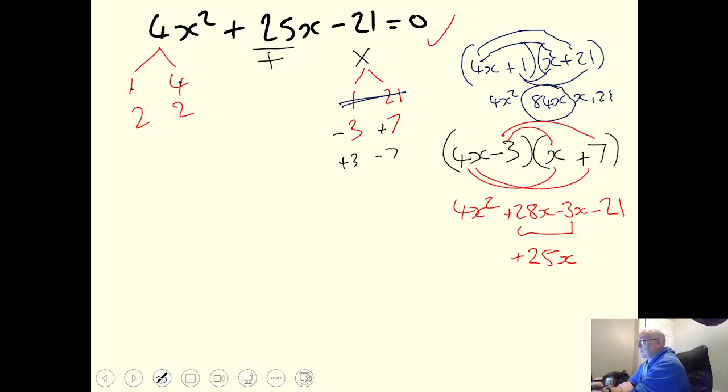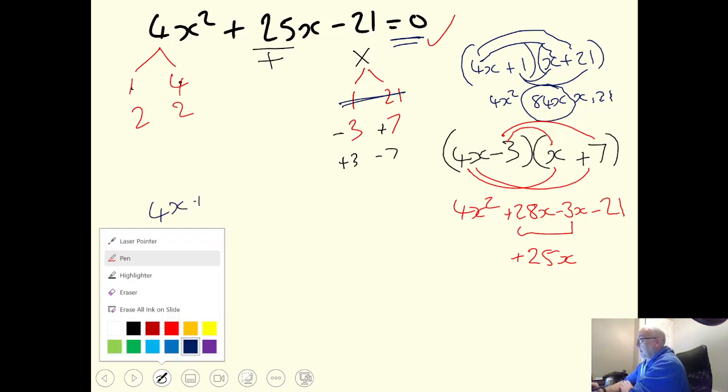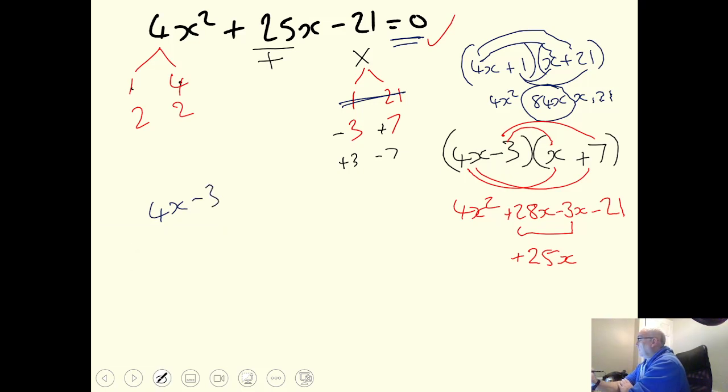If we're now looking to solve, because anytime we have an equals 0 on the end, you're going to need to solve. So we know it's going to be 4x minus 3 and x plus 7 equals 0.